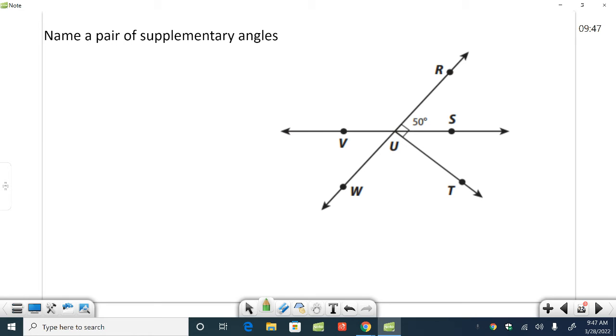Okay, and a pair of supplementary angles, so it has to equal 180 degrees. Anna. VUR, so angle VUR. So I would use your colored pencils. And what else, Charlie?